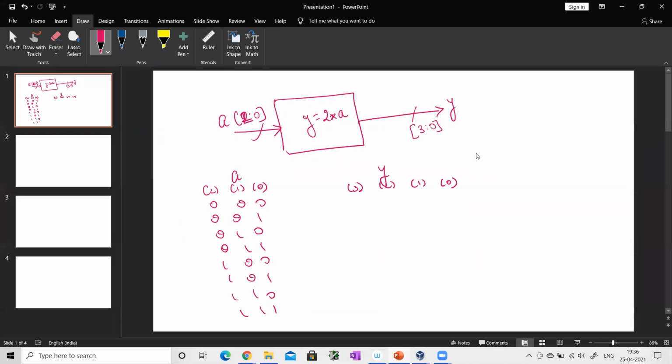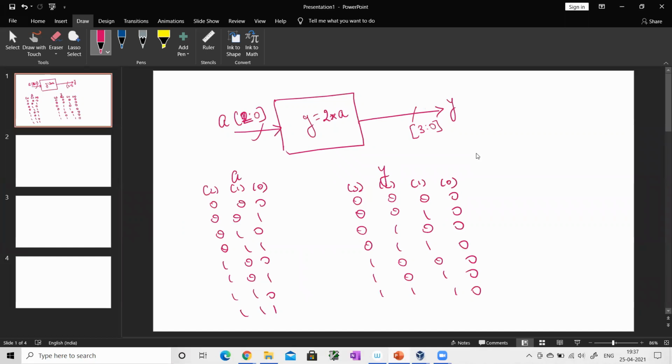So 0 multiplied by 2 is 0. 1 multiplied by 2 is 2. 2 multiplied by 2 is 4. 3 multiplied by 2 is 6. 4 multiplied by 2 is 8. 5 multiplied by 2 is 10. 6 multiplied by 2 is 12.